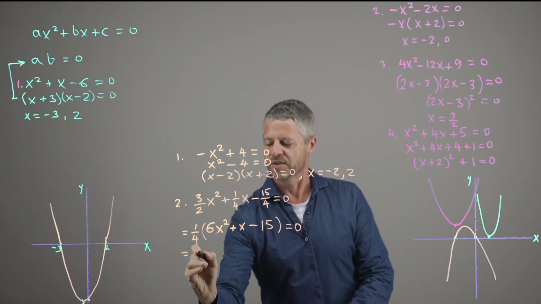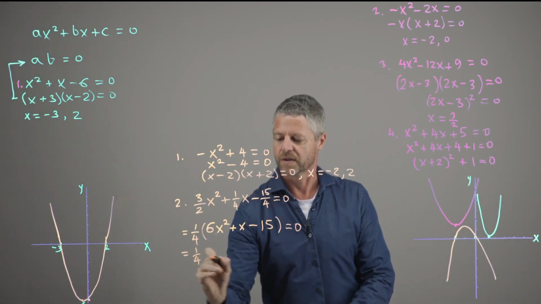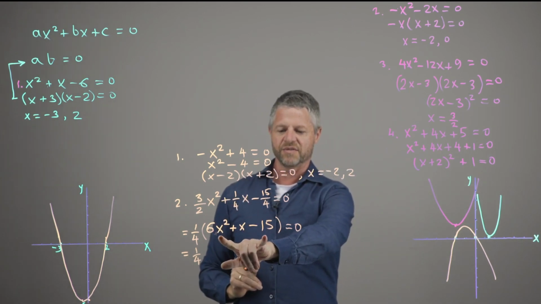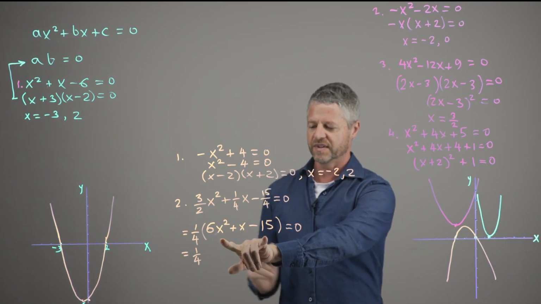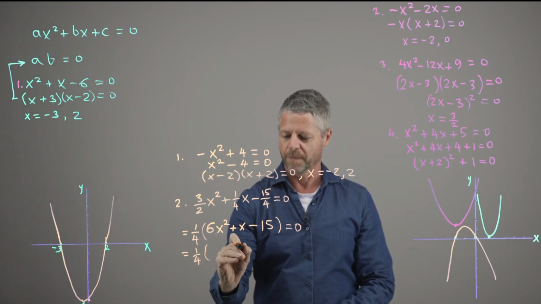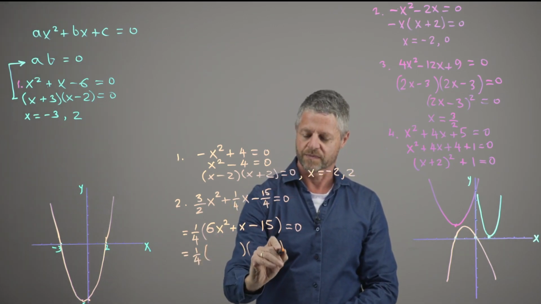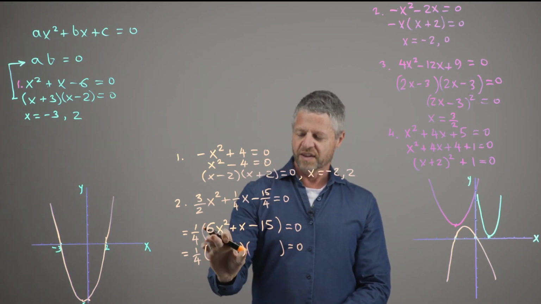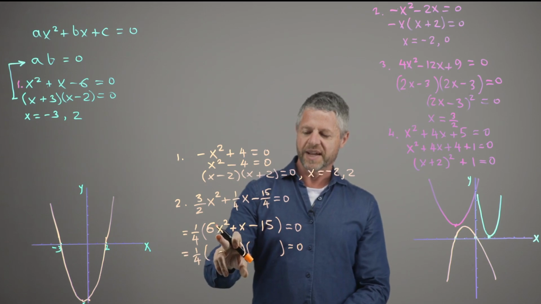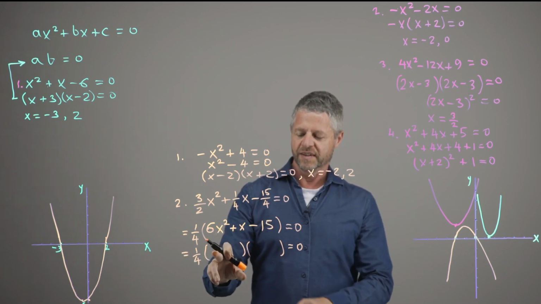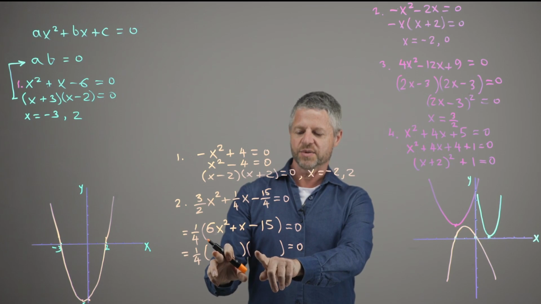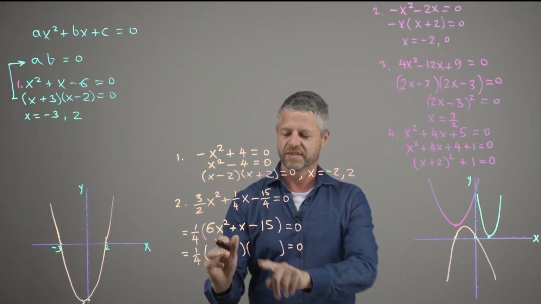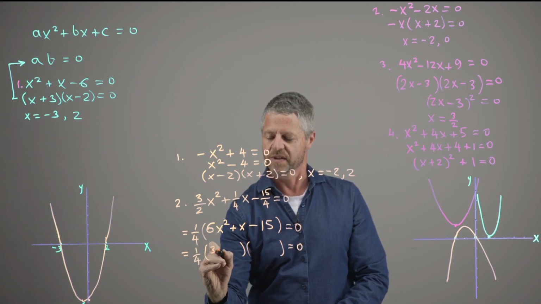Okay, so see if I can factor this thing. I want to get 6x squared. So one way I can get 6x squared is if I have a 3x and a 2x. So let's start there.